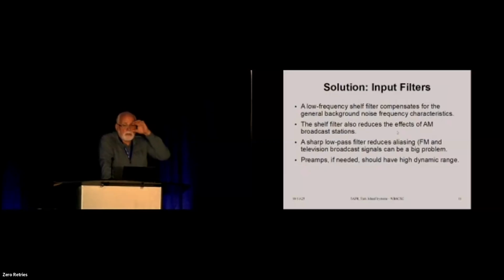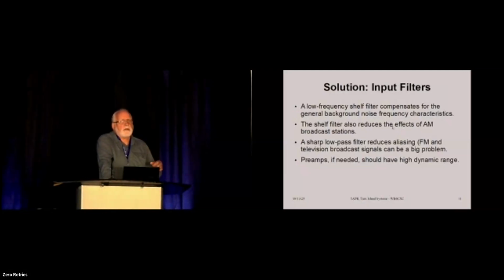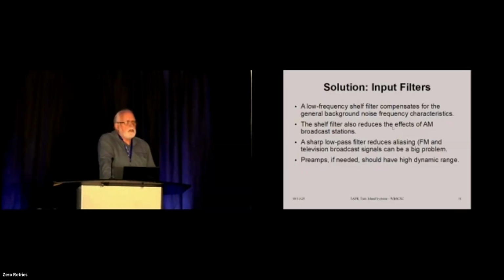So there are two parts of the filter that I've been putting out. A low frequency shelf filter, which attenuates, starts at about 10 megahertz and it gets more and more attenuation down to about 20 dB below a megahertz. And that really complements the way the atmospheric noise rises.